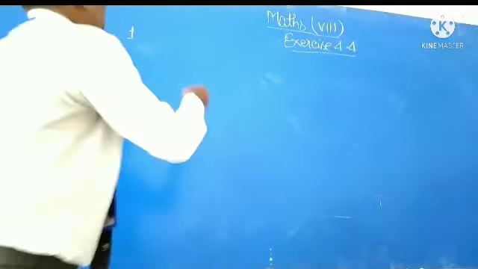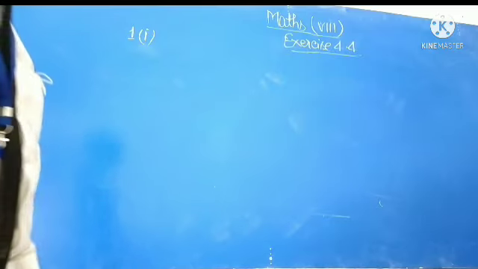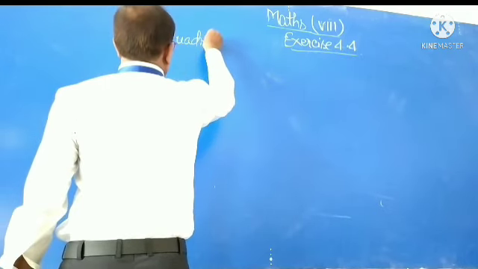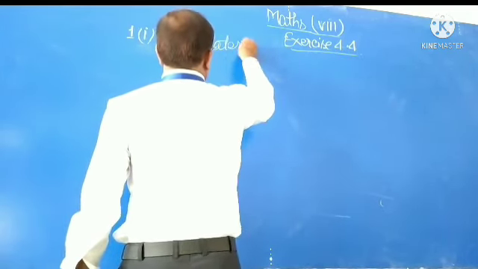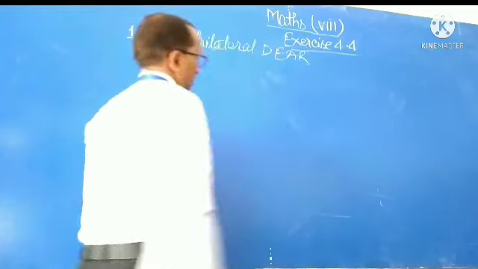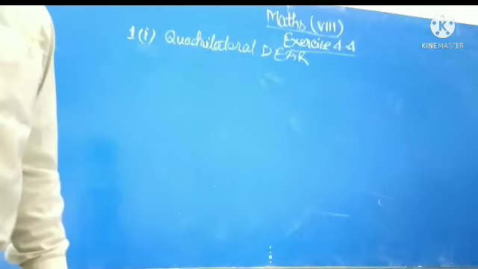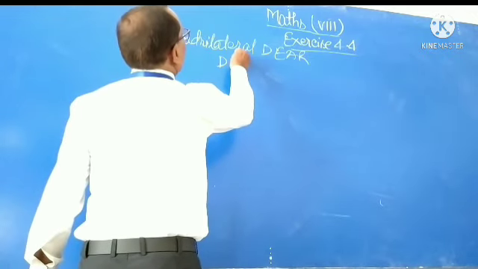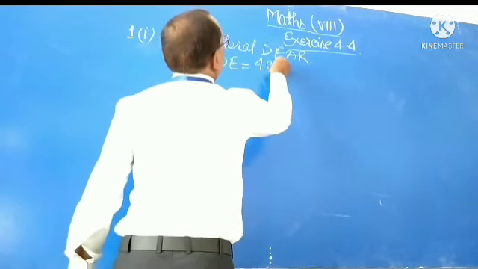Question number 1. First is quadrilateral. Construct the following quadrilateral DEAR. Measurements are given here. DE is equal to 4 centimeter.